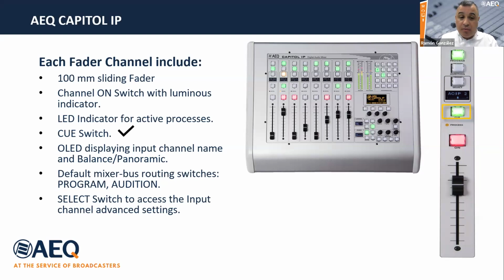A Q switch if you want to route the channel signal to an output bus, especially in this case a Q. An OLED display, in order to show the name of the channel and at the same time the balance level or the panorama level. A couple of buttons for program and audition routing buses, directly. And finally, a select button in order to get access to advanced settings.